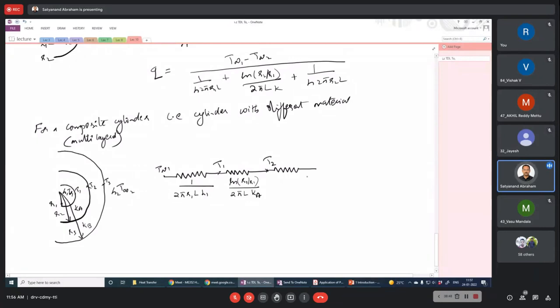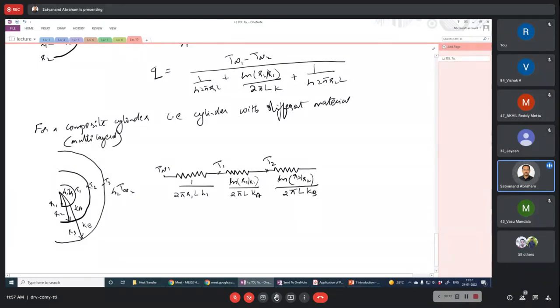Then we have the conduction resistance due to the second material, ln of R3 by R2, into 2 pi L KB.